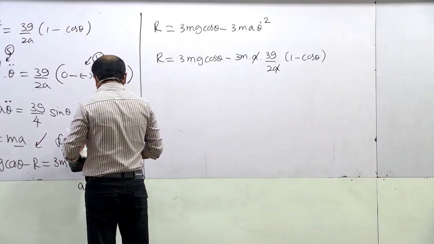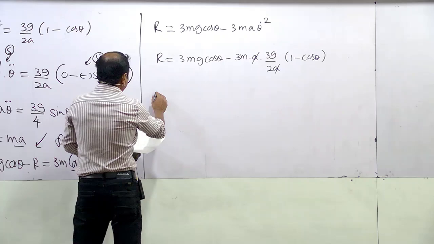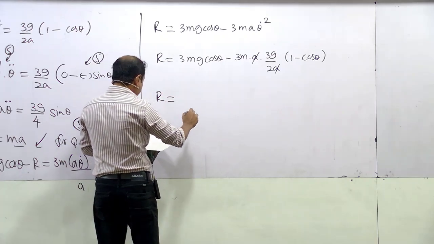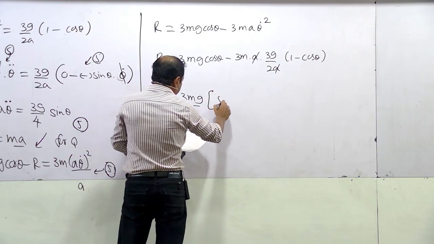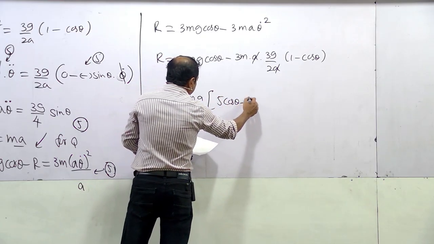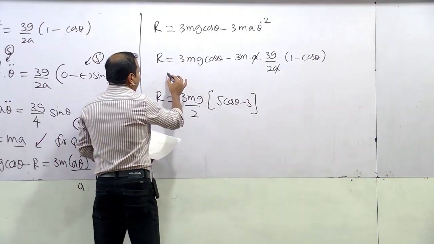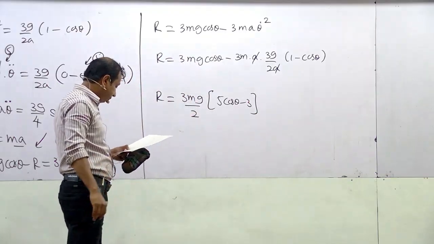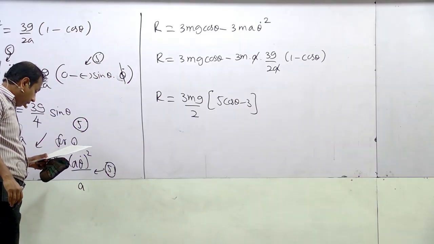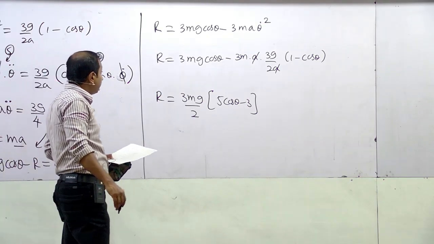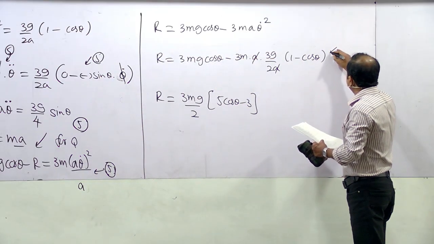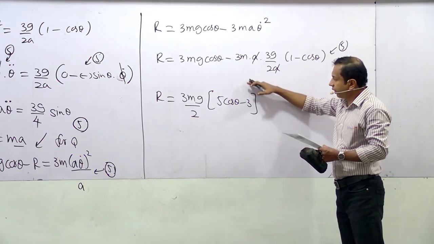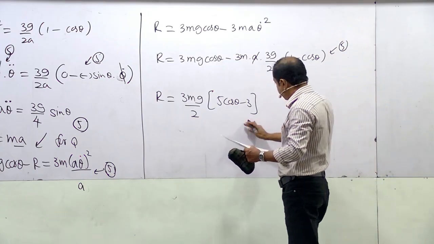Then once you simplify this, you get for this R the answer 3mg by 2 (5 cos theta minus 3). Right. This step you can simplify, right? Okay. Here for this substitution for the theta dot squared 5 marks come in, and simplify and take this answer another 10 marks.